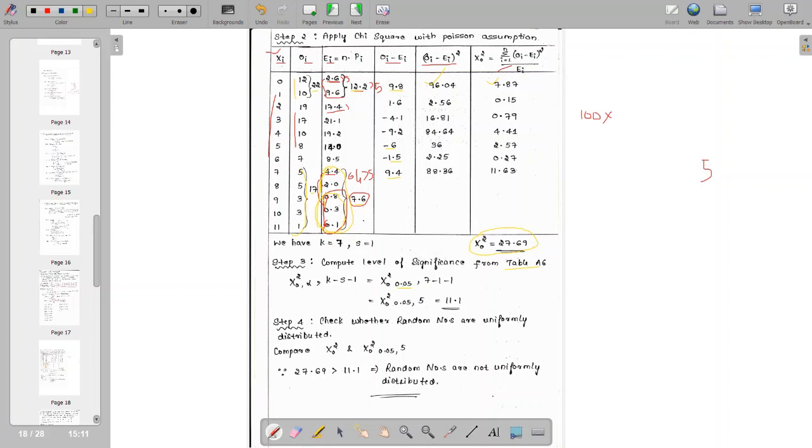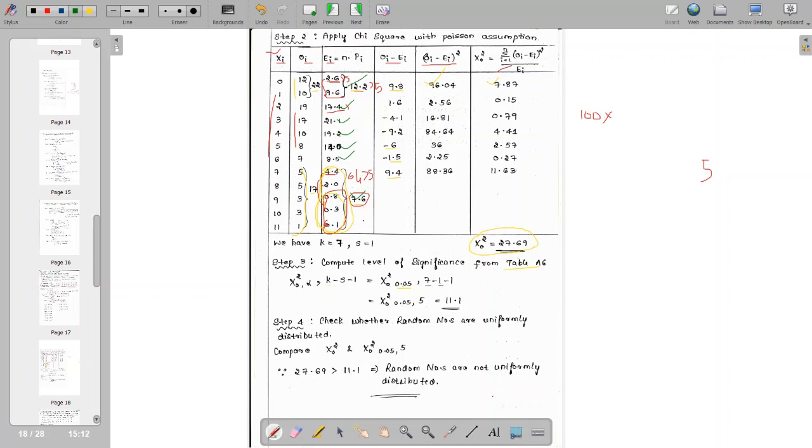K value is how many intervals have been reduced. This is one interval, this is a second interval, 2, 3, 4, 5, 6 and 7. So the K value will be 7.